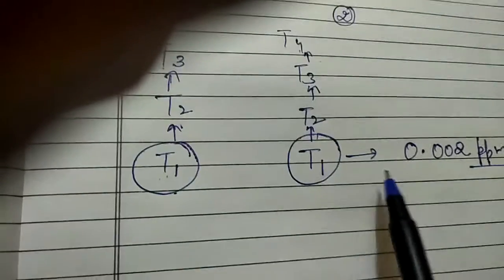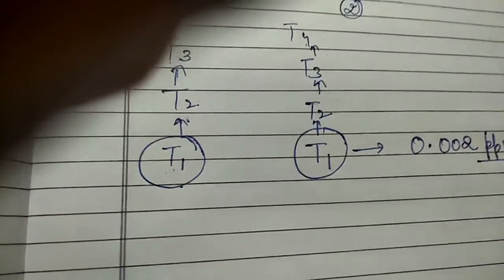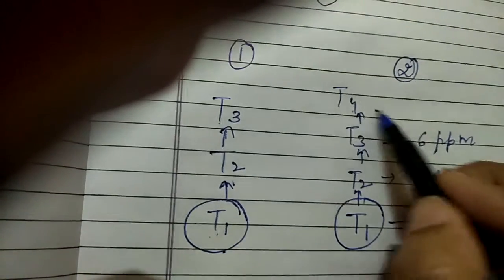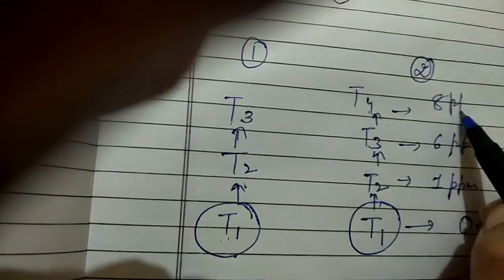So from the body of T1, the chemical will go to the body of T2 and to the body of T3. In T1, the value was 0.002 ppm. But in the T2 level, it will become 1 ppm. In T3 level, it will become 6 ppm. In T4, it will become 8 ppm.